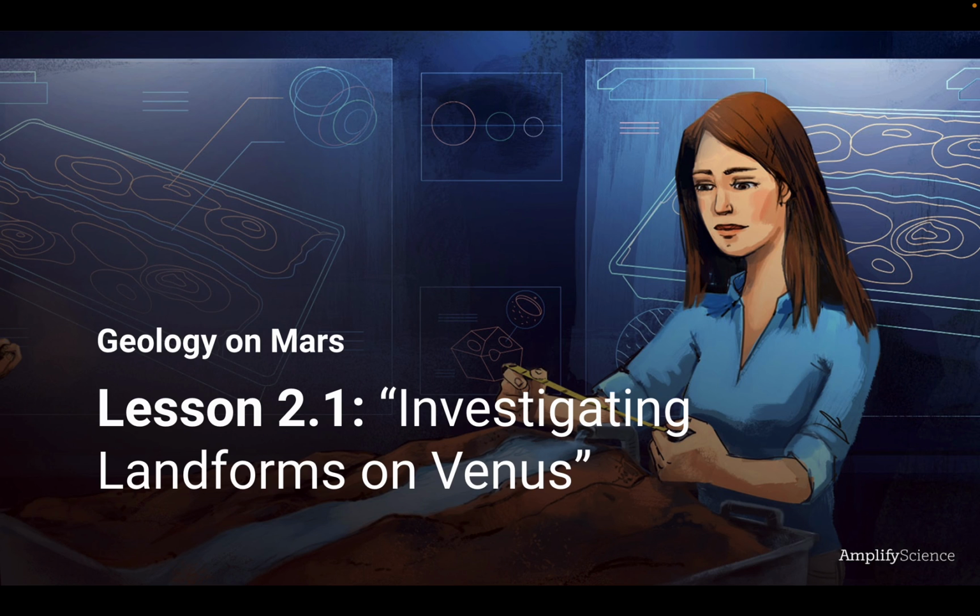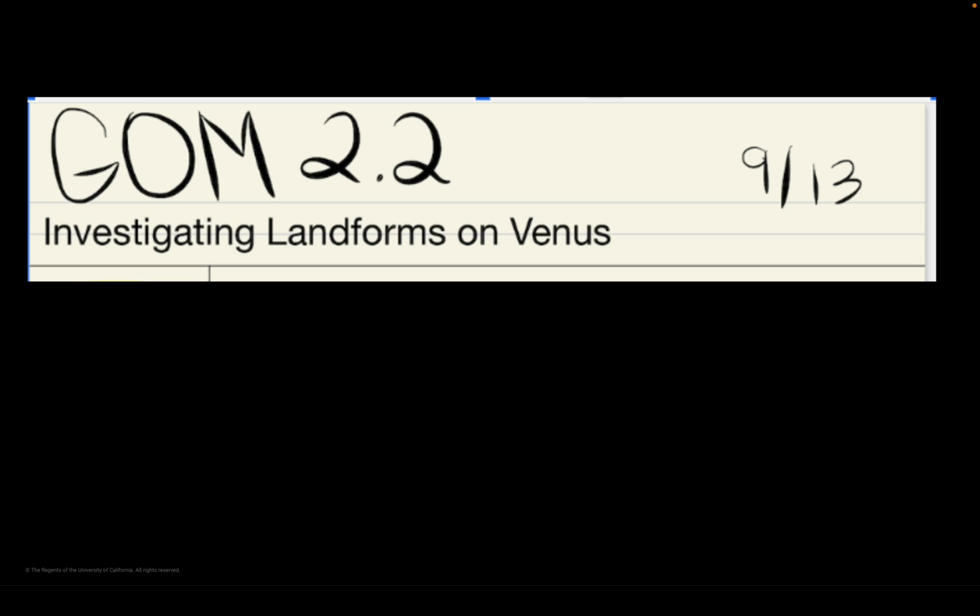We're in lesson 2.1 and it's called Investigating Landforms on Venus. So go ahead and open up your notebook. You should be at a new page and go ahead and write in this title, GOM 2.2, Investigating Landforms on Venus. Pause the video, get this taken care of, and then come on back when you're ready to go.